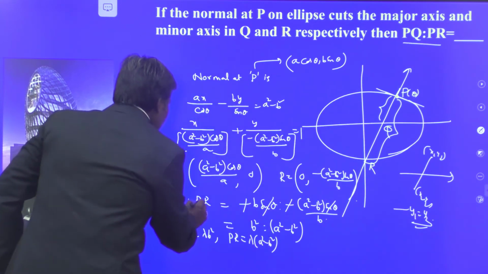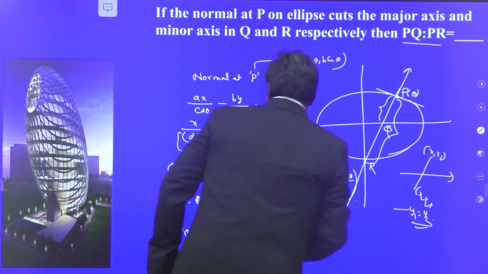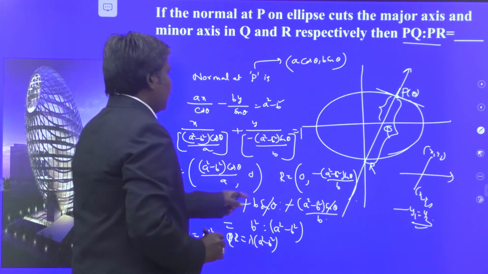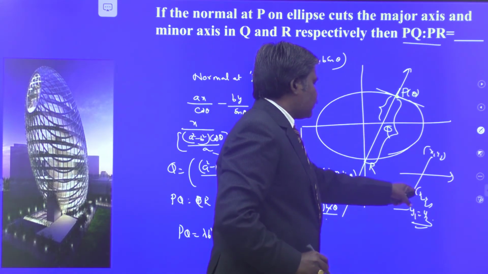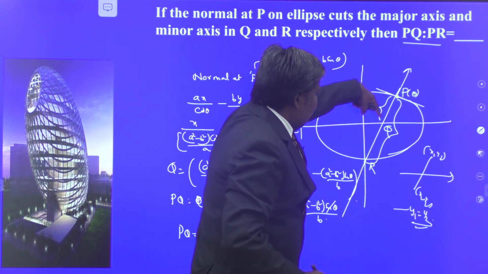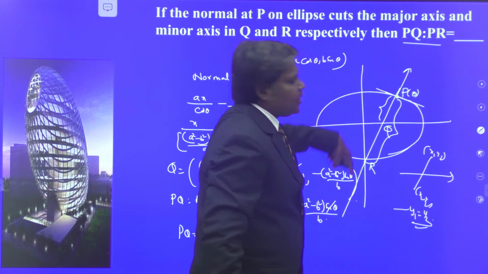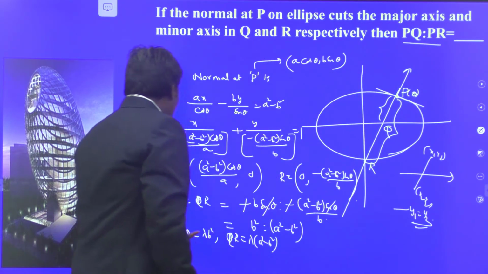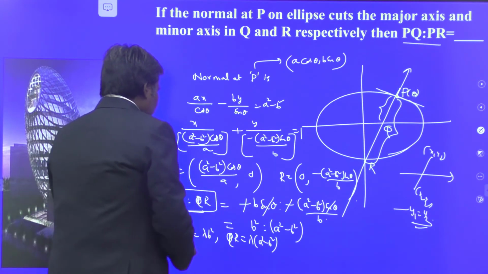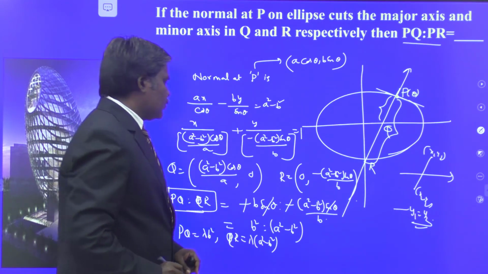We said the line joins (x1, y1) and (x2, y2) in the ratio PQ is to QR. But we have to find out PQ is to PR. That is the answer. You obtained PQ is to QR here. So PQ is lambda b square, QR is lambda times a square minus b square.